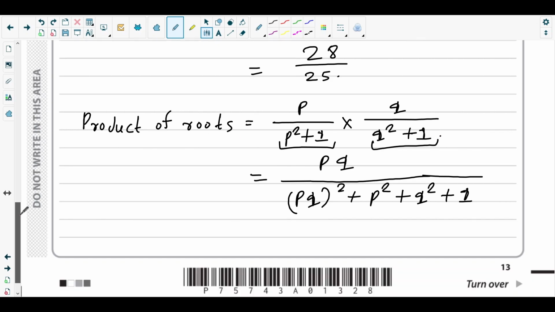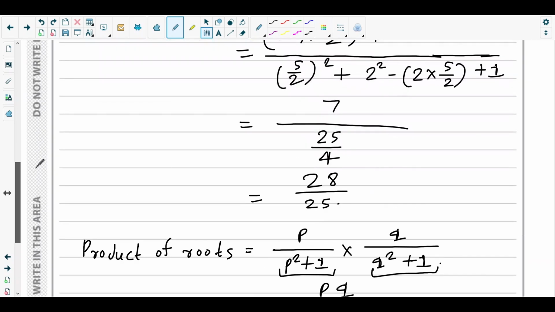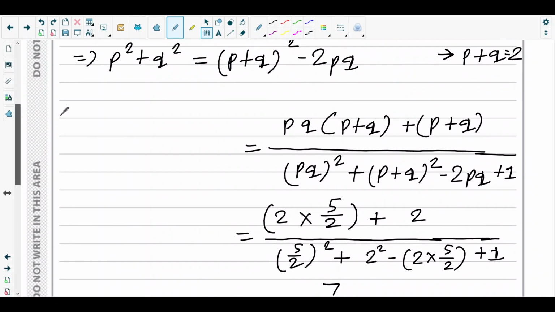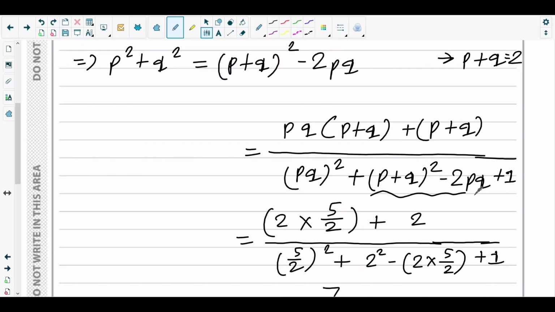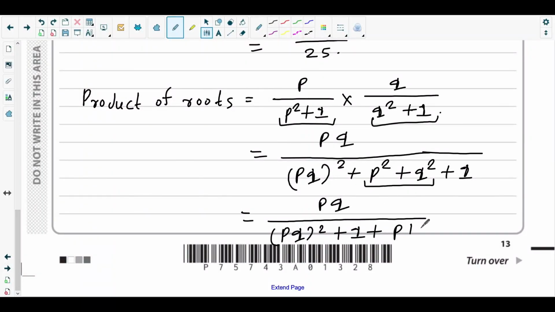Now same as before, we will substitute for p squared plus q squared in terms of p plus q. So pq over (pq) whole squared plus 1 plus p squared plus q squared, which can be written as (p plus q) whole squared minus twice of pq.